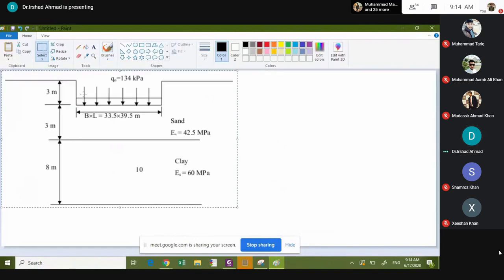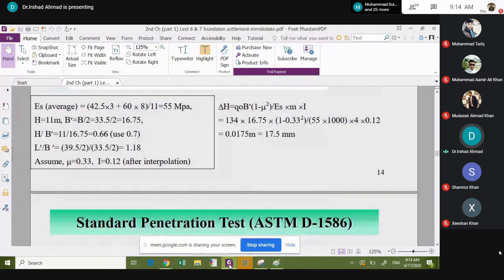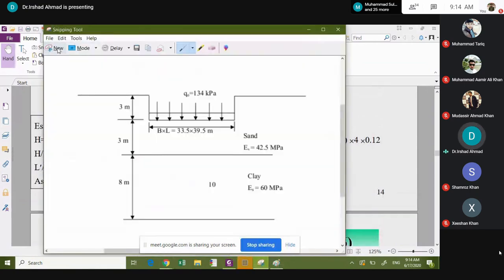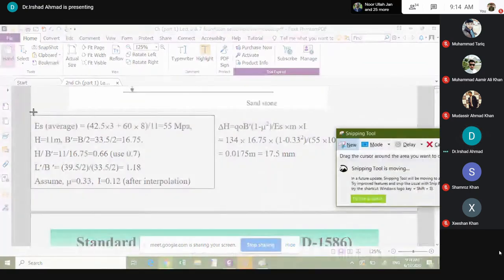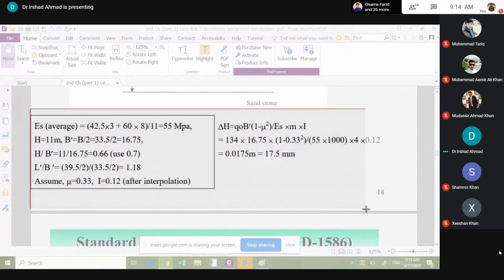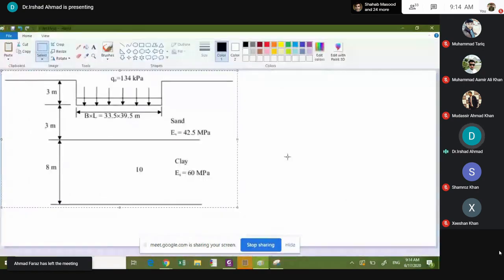Here you go. This is the example, and this is the solution. You see, it's a simple problem. There is a simple solution, so you should not be worried about anything. Here you go. This is the solution. Also, let me put it in paintbrush so that I can write over it.